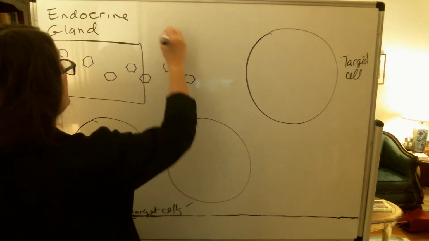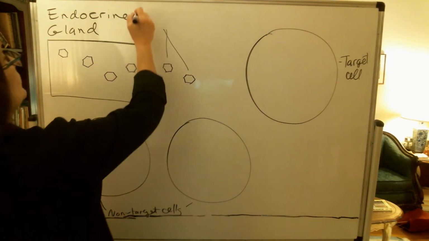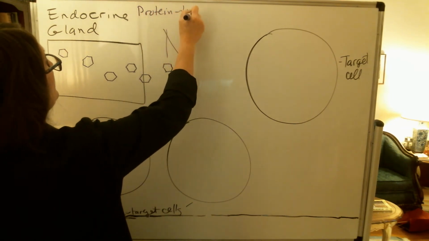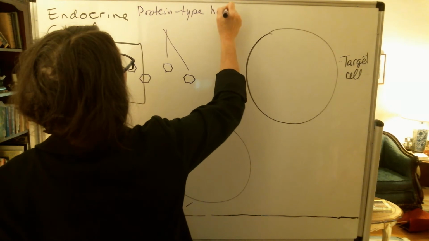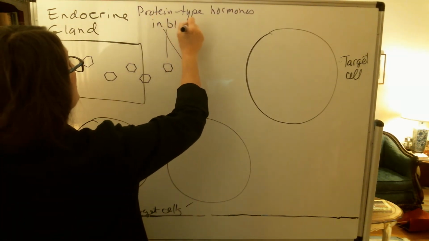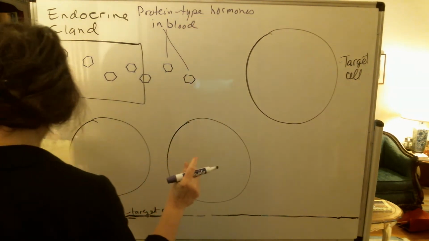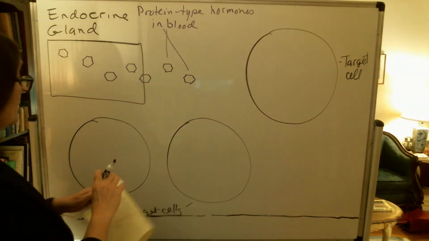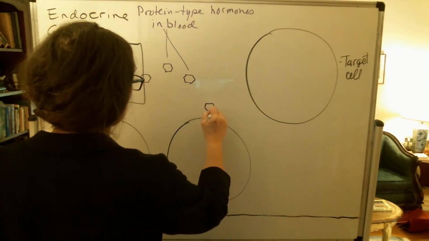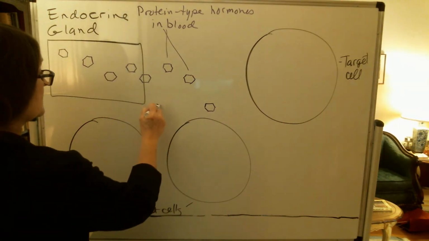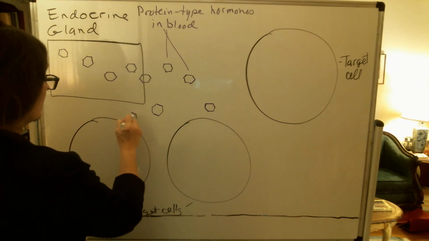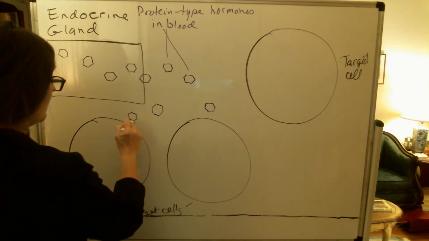So here now we have protein type hormones in the bloodstream. And of course, they are going to wind up near the surfaces of all your cells.